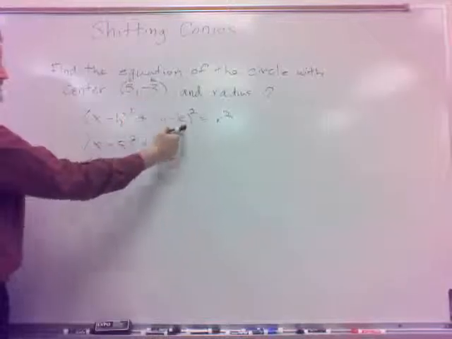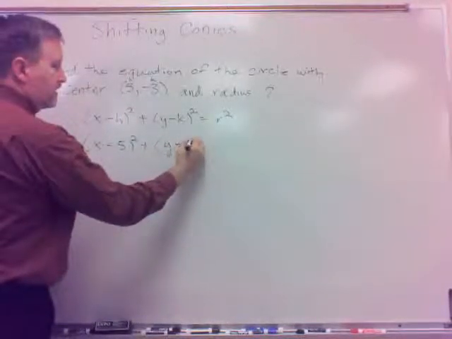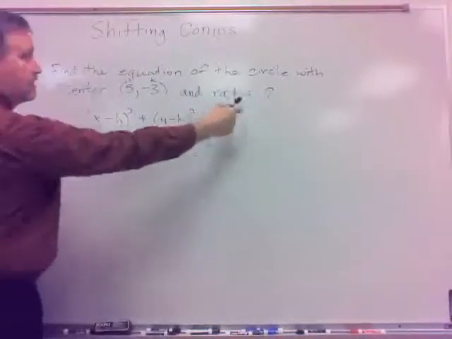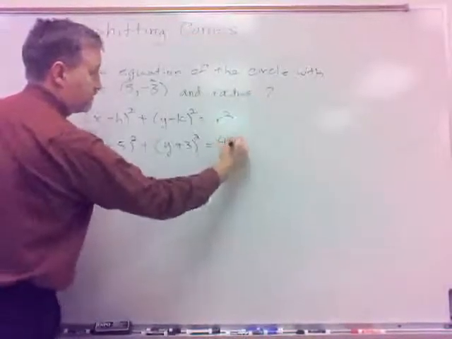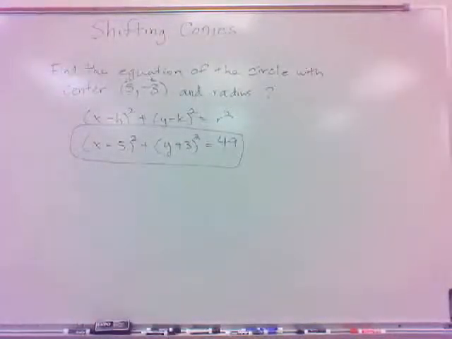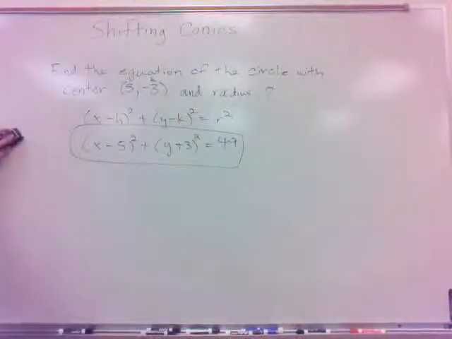Well, you have k is negative 3, so it's minus negative 3, so it'll be plus 3. Again, just changing the signs there, if you will. Equals, and then r is 7, so r squared would be 49. Those are easy then. To find equations of circles, just have to know the center and the radius. Now, a little twist on that would be this. Is that okay?